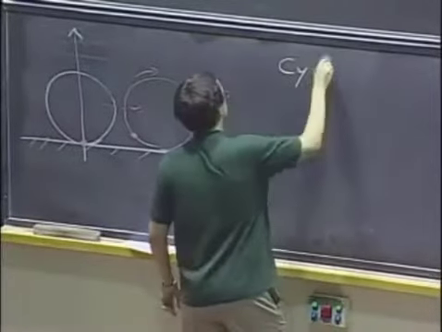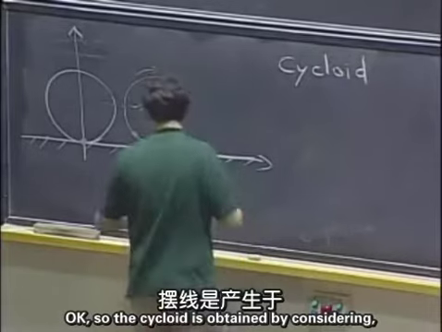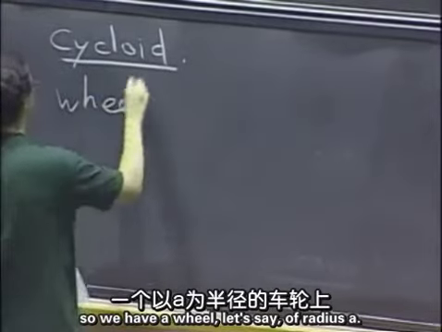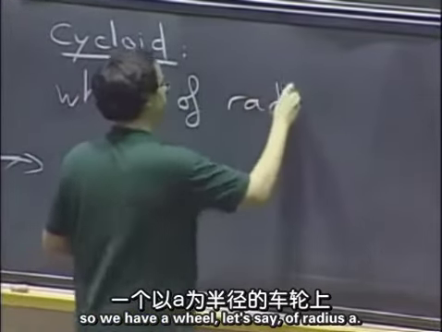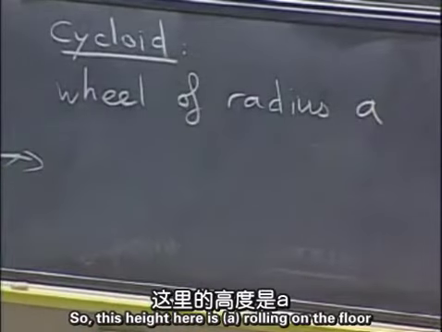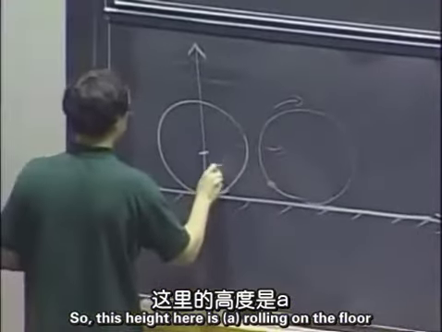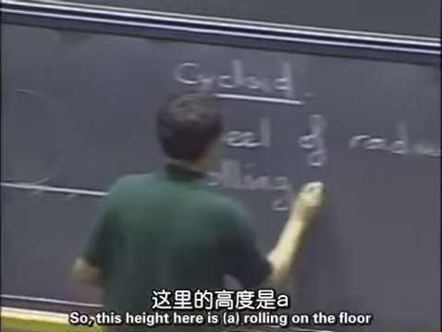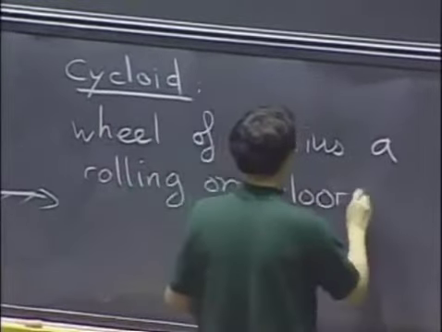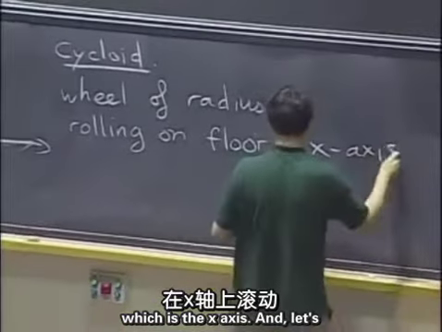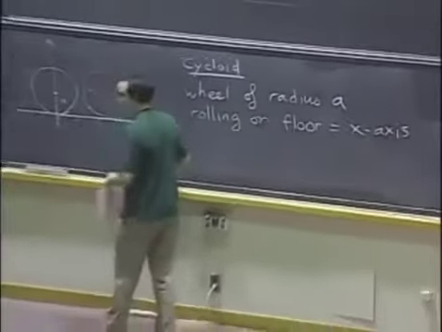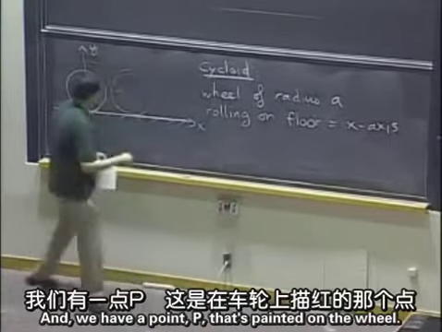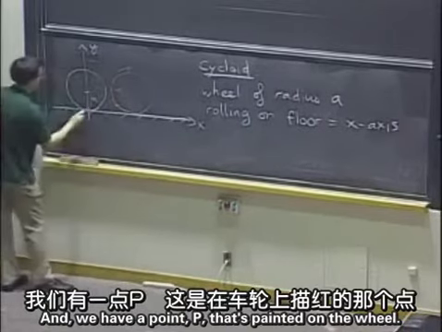So the cycloid is obtained by considering a wheel of radius a. This height here is a. It's rolling on the floor, which is the x-axis, and we have a point P that's painted on the wheel.